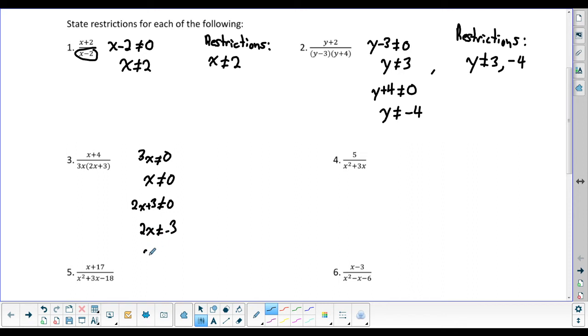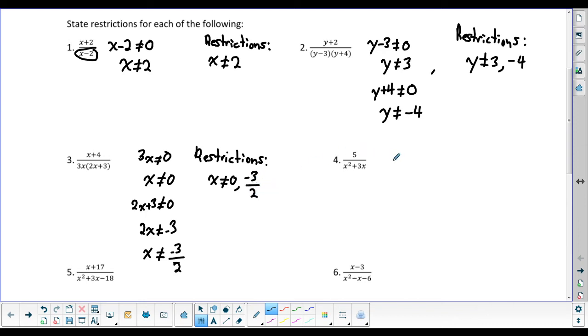Divide both sides by 2, and we get x cannot equal negative 3 over 2. So the restrictions are x cannot equal 0 or negative 3 over 2.